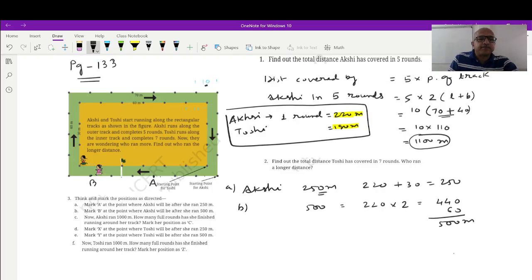Is that clear? Once again, how much distance did she cover? 500 meters. For one round, 220. So if we are calculating by trial and error, into 2, that means total 2 rounds, so 440 meters. But it is asked for 500, so that means we need to add 60 to get 500.